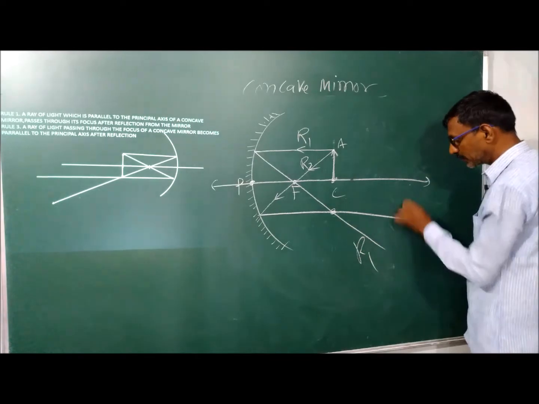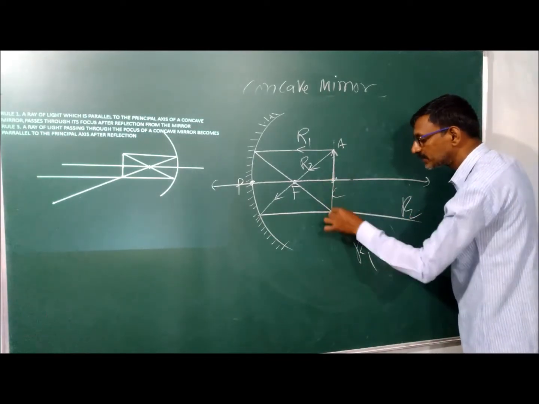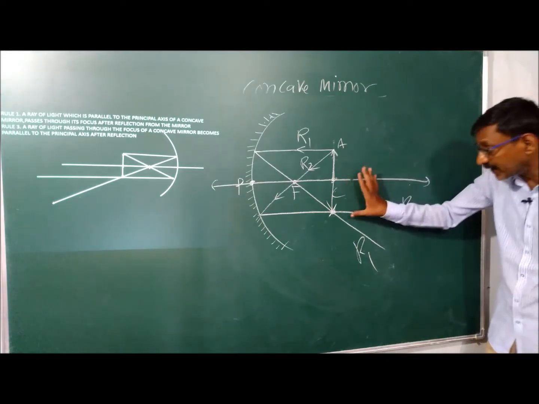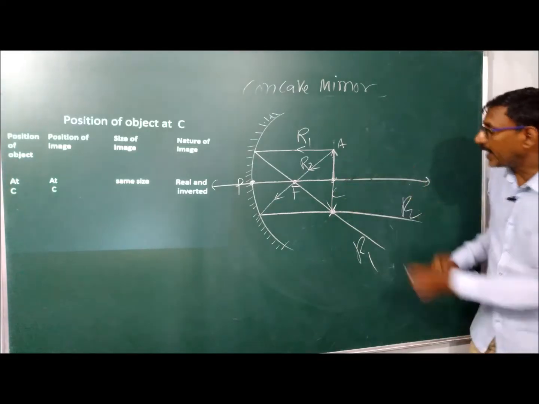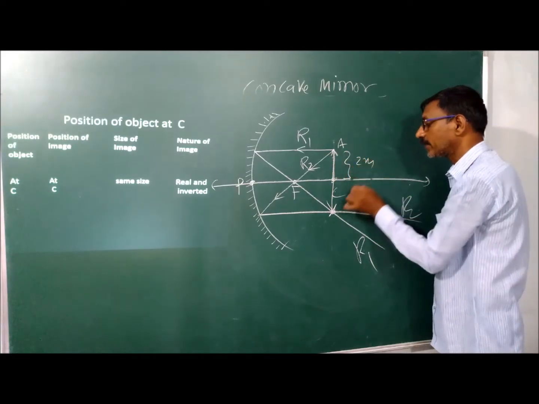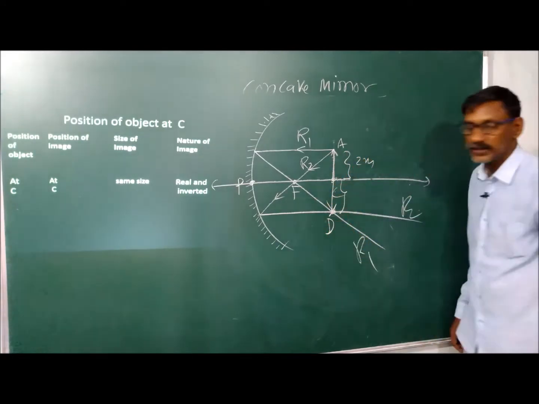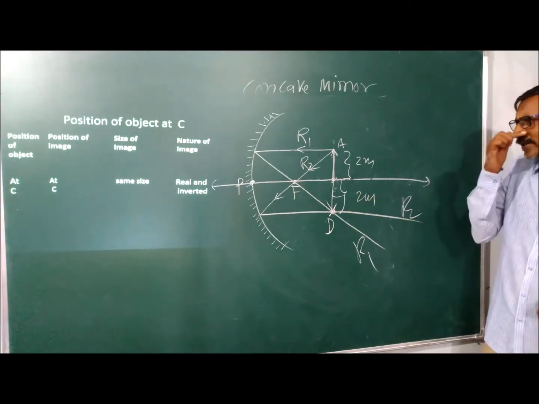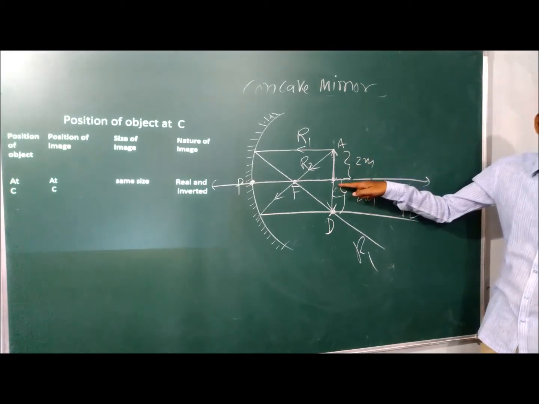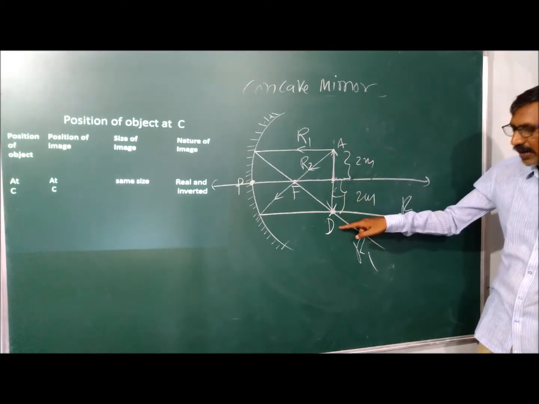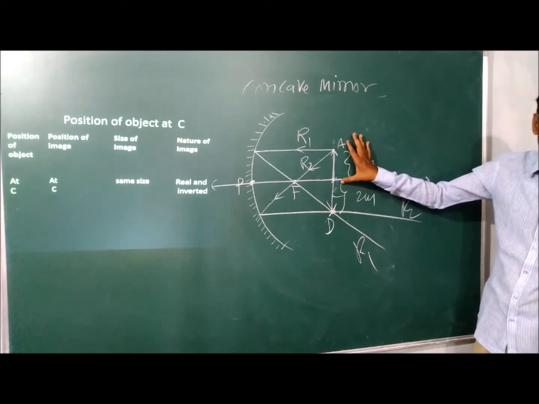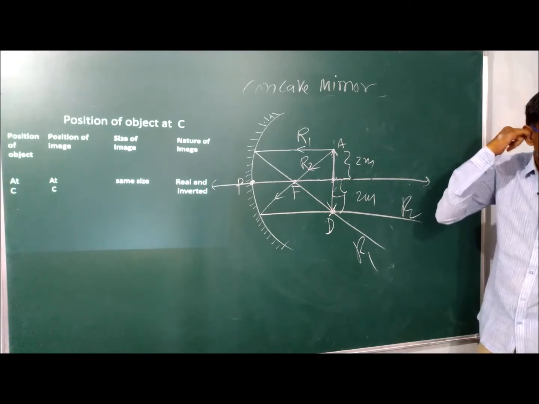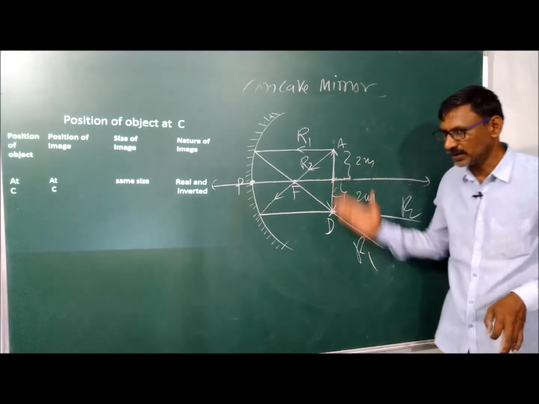This is R1, this is R2, and see my image is exactly the same, and inverted. The AC distance is some 2 centimeters, and suppose this is the CD distance, it must be 2 centimeters. That means when we place the object at C, the image is inverted and we can catch it exactly at C only.